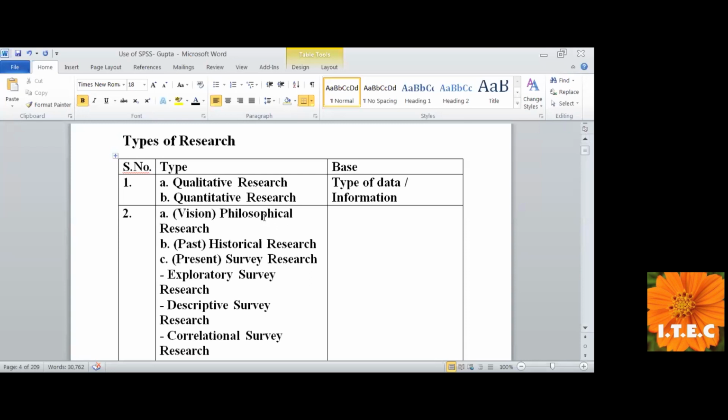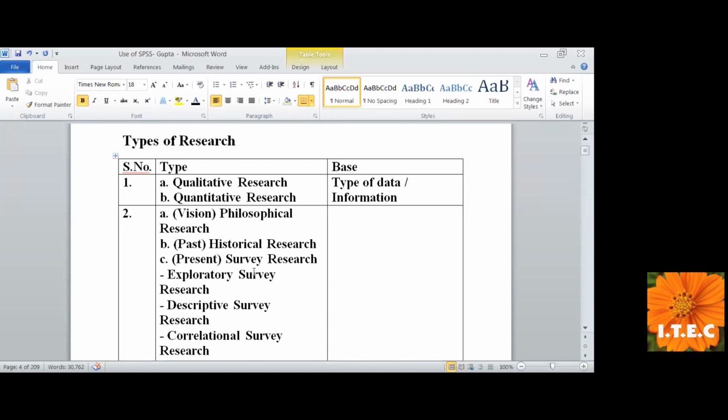Now, for the philosophical research, the historical research, the survey research, experimental and case study research, the steps are different. In philosophical, historical, and descriptive survey, there will be no hypothesis. So formulation of hypothesis cannot be the step.